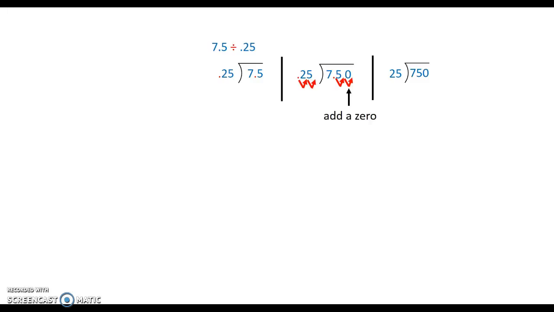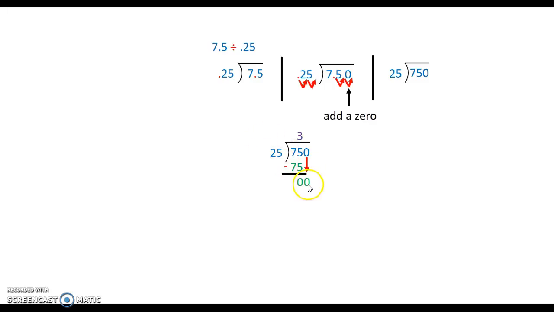So when we go ahead and divide, we start with a 25. Does 25 go into 7? No. Does 25 go into 75? Yes. 3 times. 3 times 25 is 75. Subtract and you get 0. Now, a lot of you are going to stop there because we ended with 0, but you can't. There's one more 0 that's left that you still have to bring down.